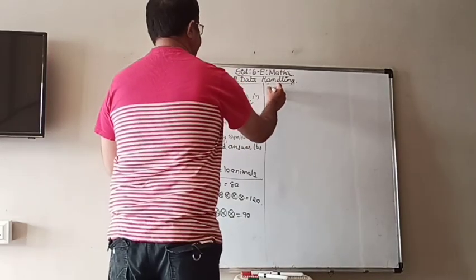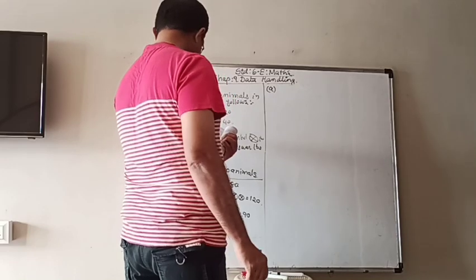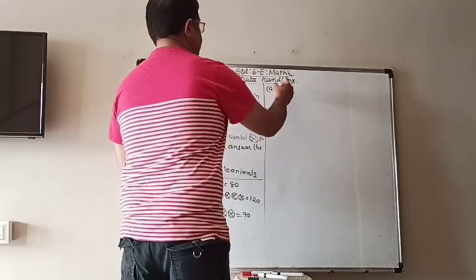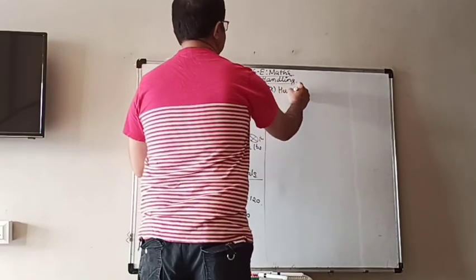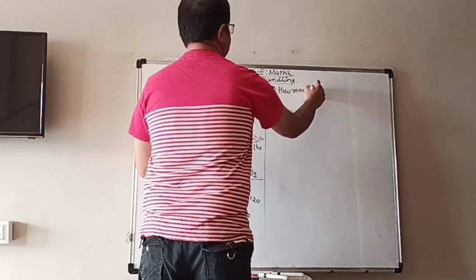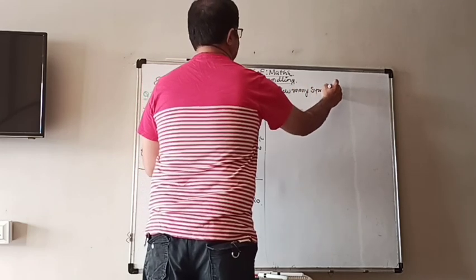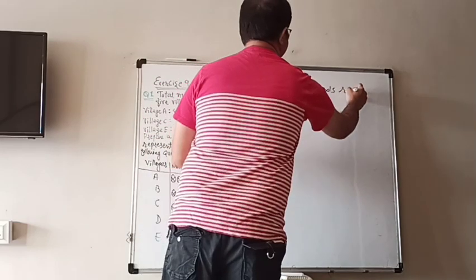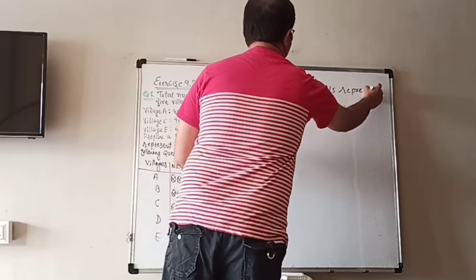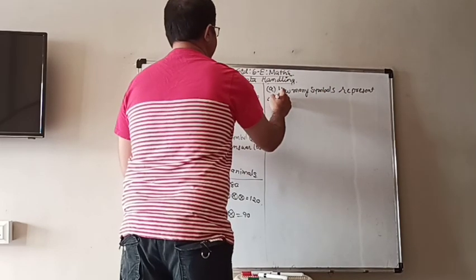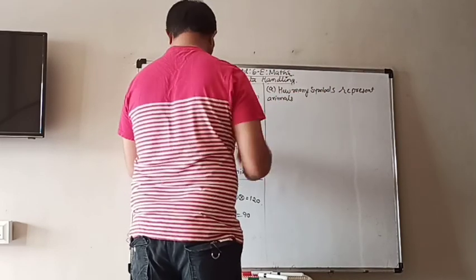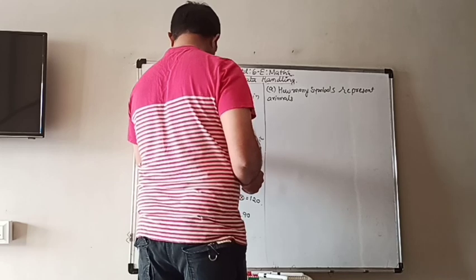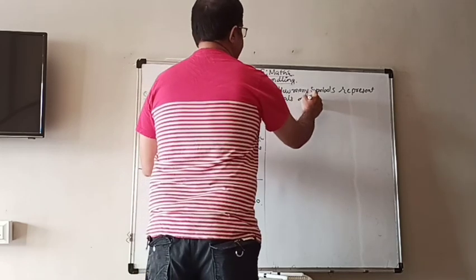Question number 1. How many symbols represent animals of village E?